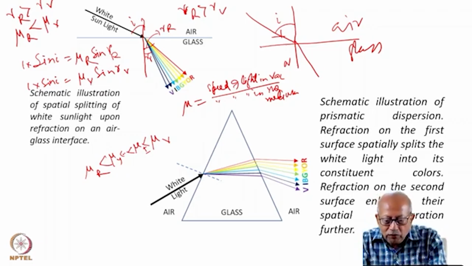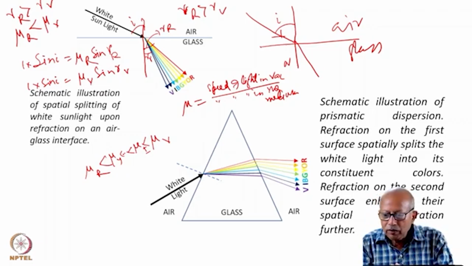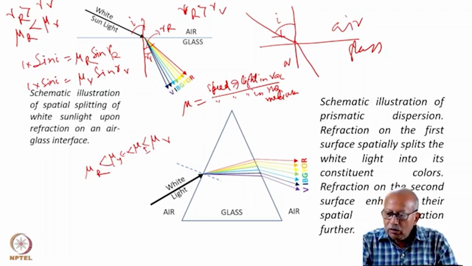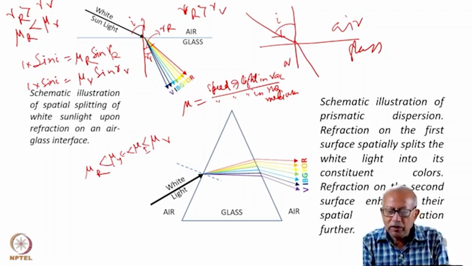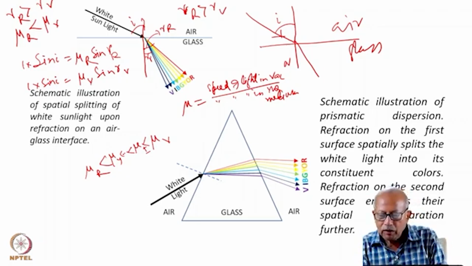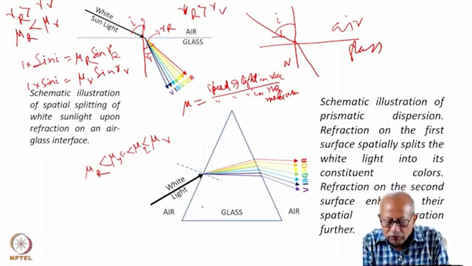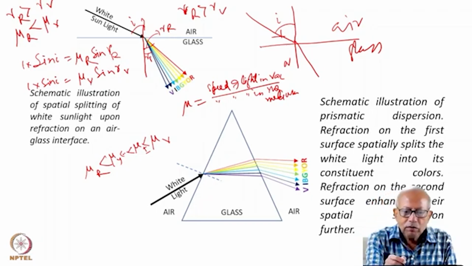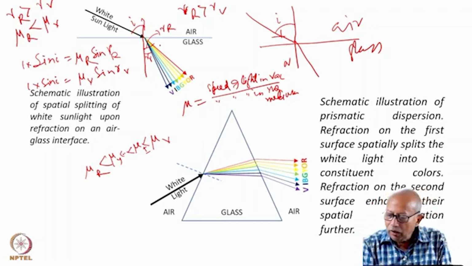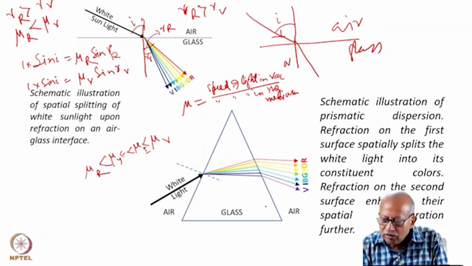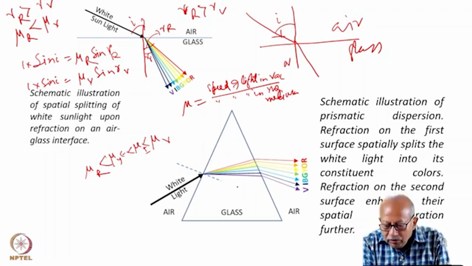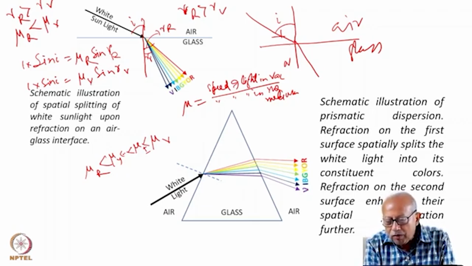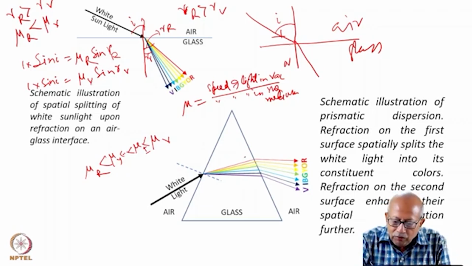Now, in the case of a prism, this shows the illustration of prismatic dispersion. Refraction at the first surface will spatially split the white light into its constituent colors. Refraction at the second surface will enhance their spatial separation further, because they are now traveling from denser to rarer media.